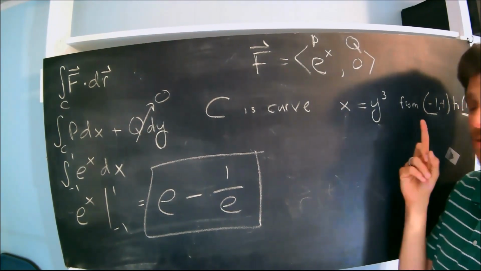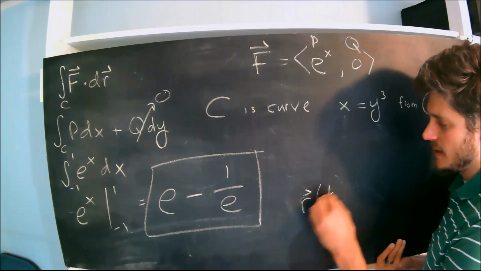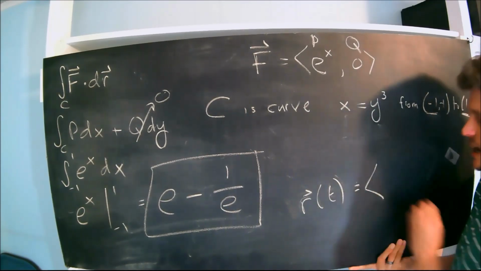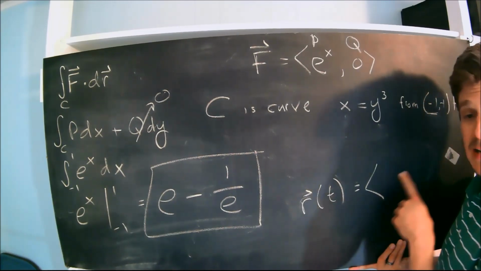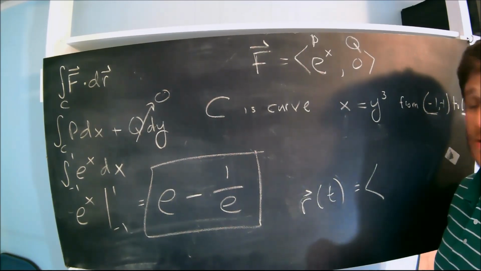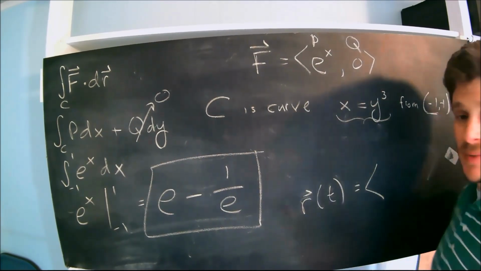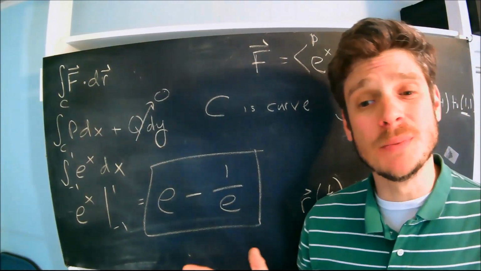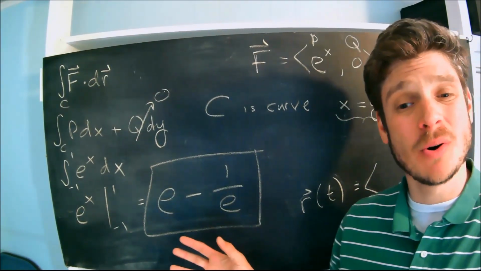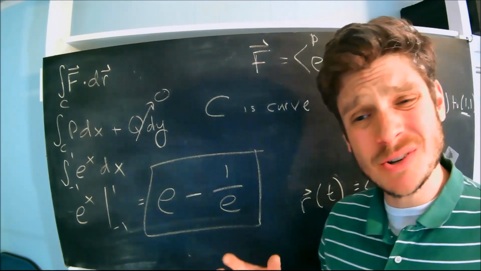So I see that x equals y to the third, and I know that, again, at the end, I want my vector function r of t, and I need my x component and my y component, and they are going to have to satisfy that relationship, that x has got to be y cubed, and that means my x component has to be my y component cubed. So how am I going to do that?